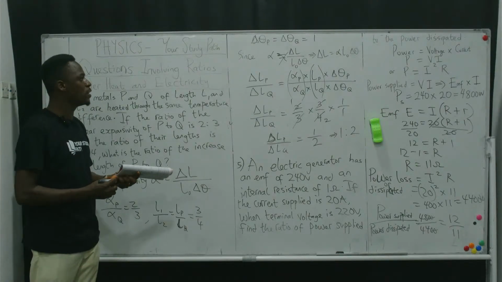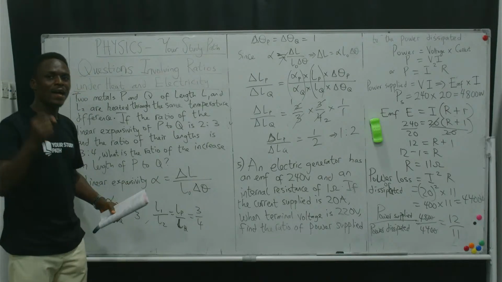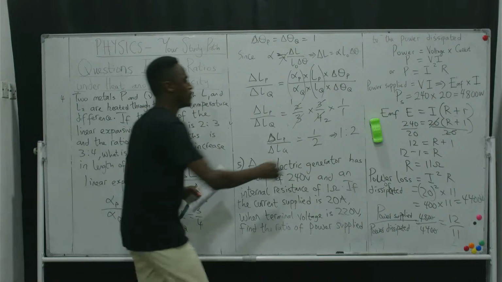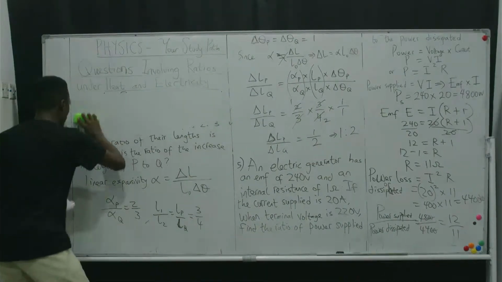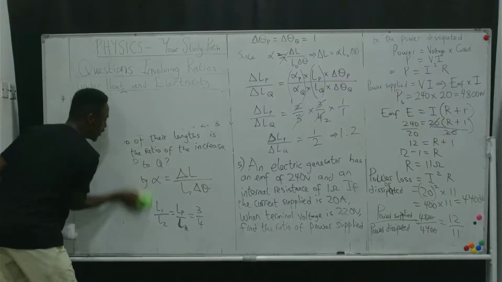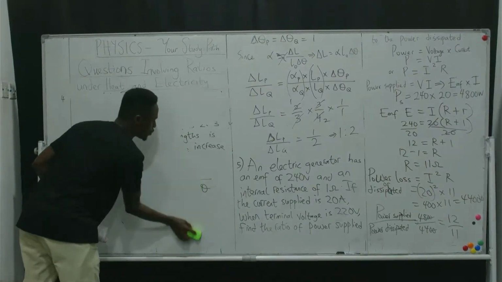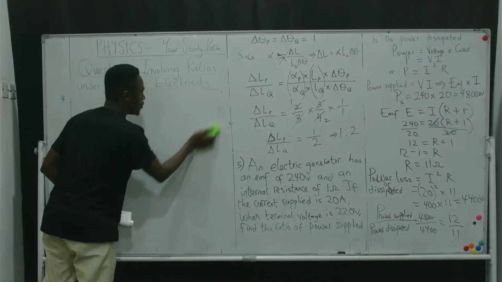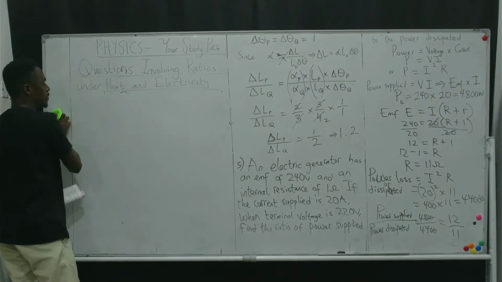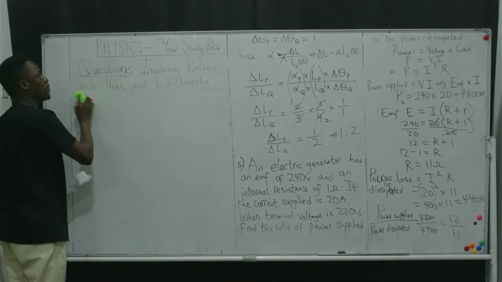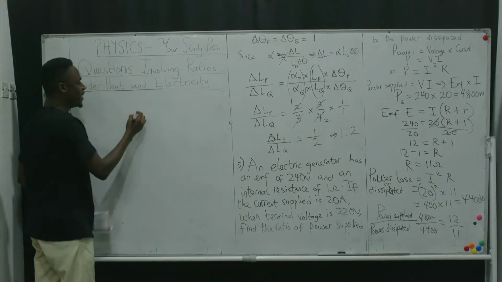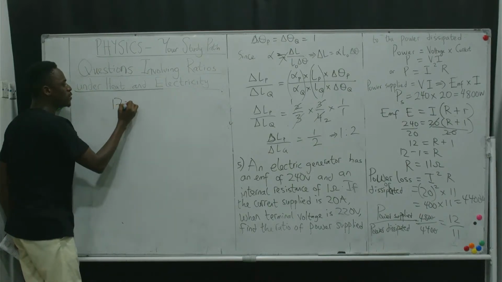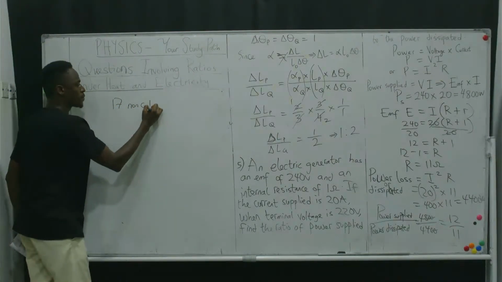See what happens when you are able to answer those 17 non-calculation questions: you are increasing your chance and your speed. I never said your accuracy, because you might end up missing some of the questions. So here, 17 non-calculations.